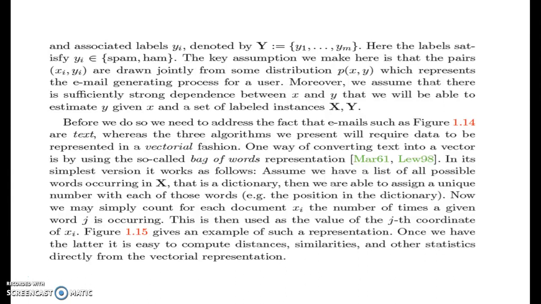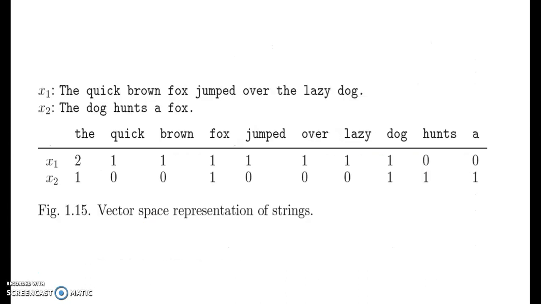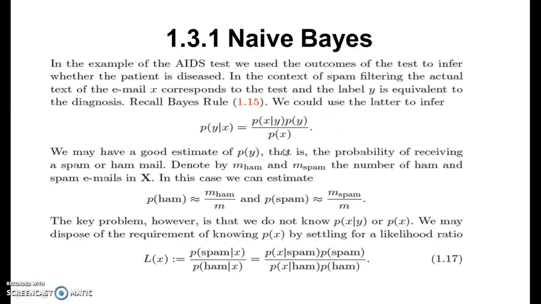And in figure 1.15, we see the same representation. So once we have the latter, it is easy to compute distances, similarities, and other statistics directly from the vectorial representation. So this is a vector space representation of the strings that we came across in the email.